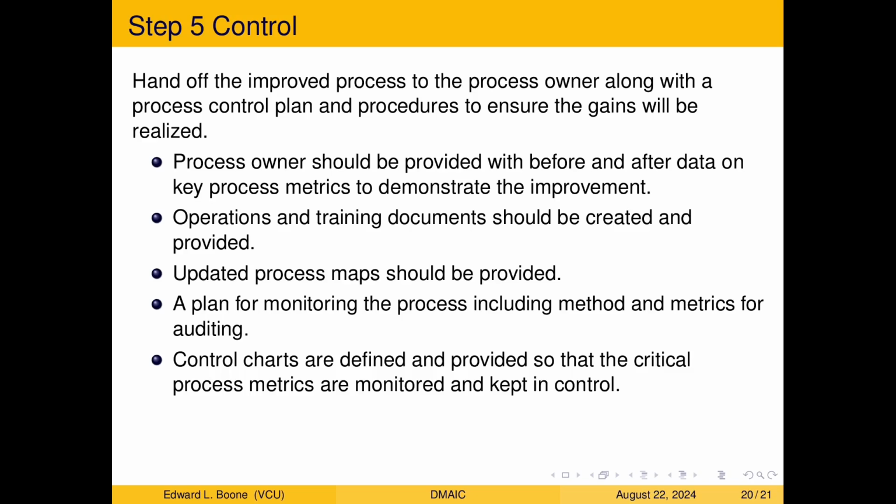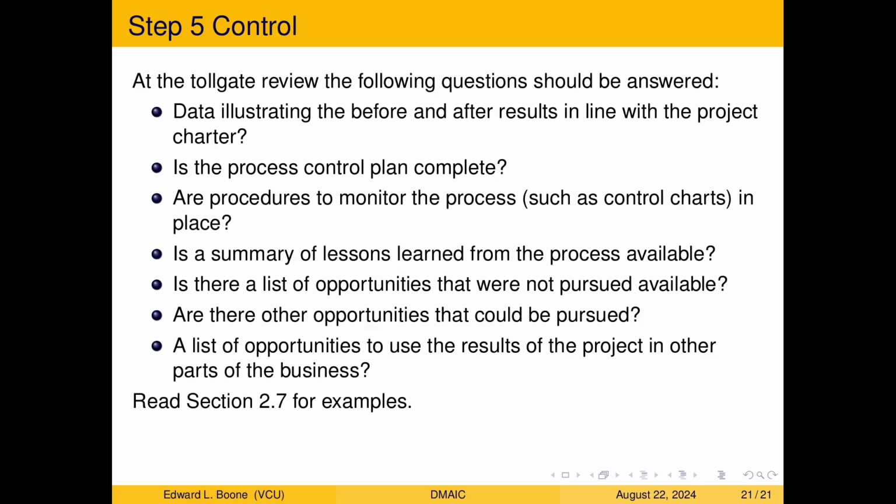So how are we going to do this? This is how we're going to do it, and every now and then we're going to audit ourselves to make sure we're doing it right. Also, control charts are defined and provided so that the critical process metrics can be monitored and kept in control to ensure high quality.